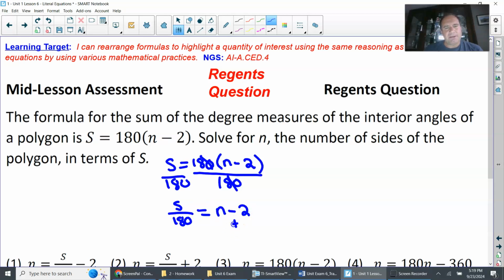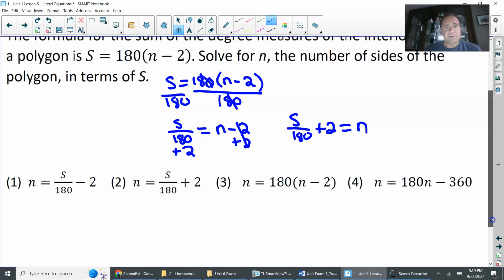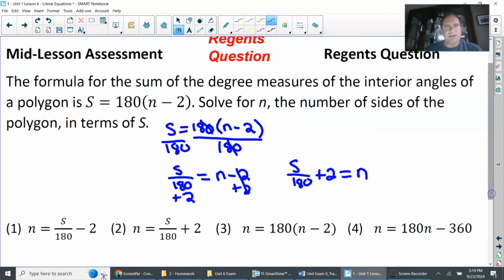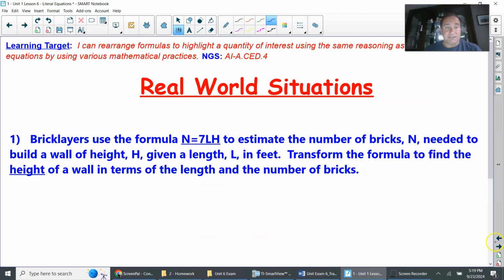And if you're solving for n, you just add 2 to both sides. And you get S over 180 plus 2 equals n. Regents question. Great question. That's something that they definitely could ask, and they did.